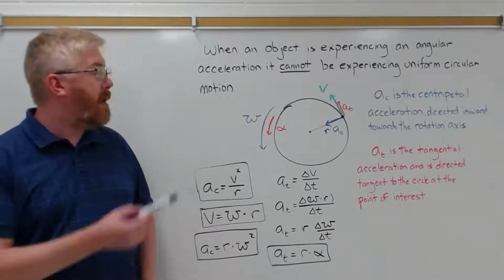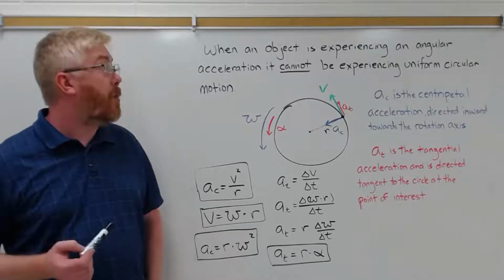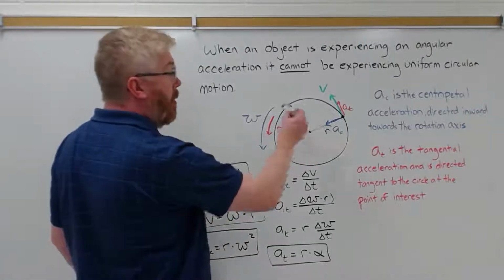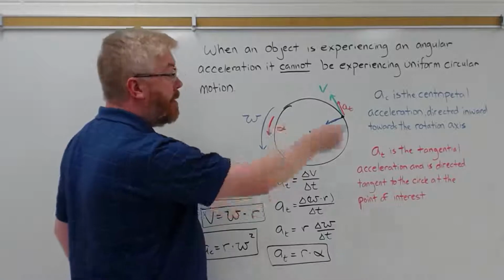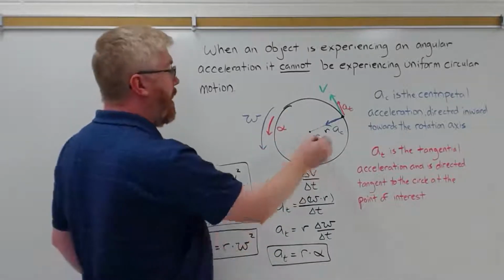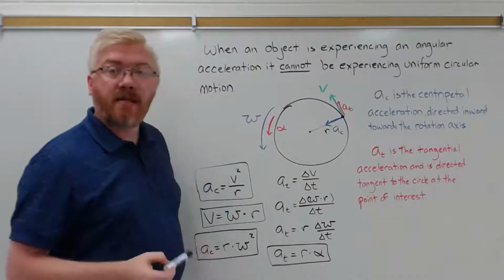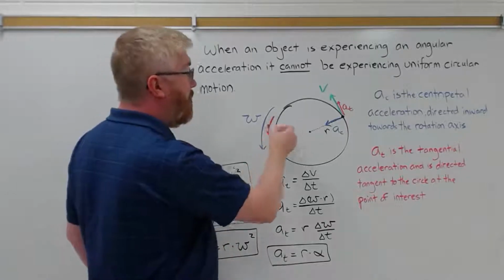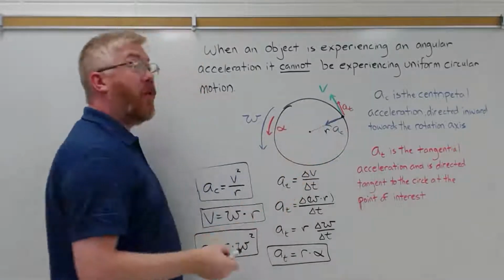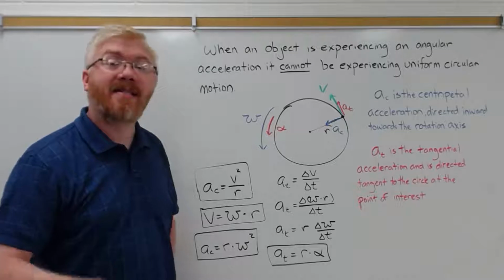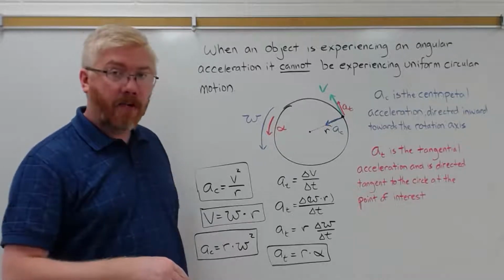Let's look again at a merry-go-round going around in a circle. So we have here a merry-go-round, looking at it from above, or a disk of some sort spinning. Looking at it from above, the central rotation axis is in the middle. This object is moving counterclockwise, and I'm going to speed it up. I'm going to accelerate its motion counterclockwise.